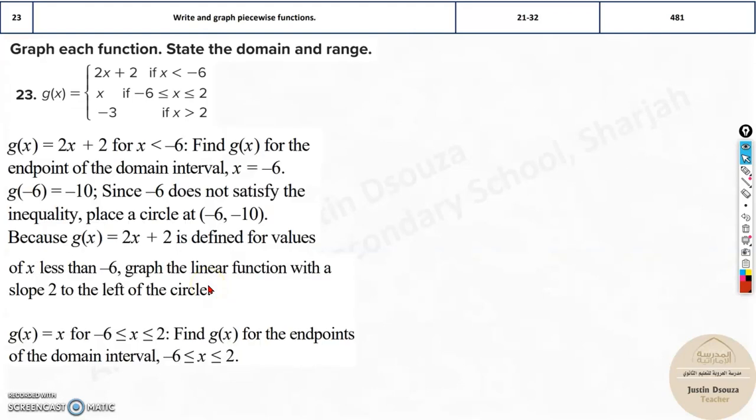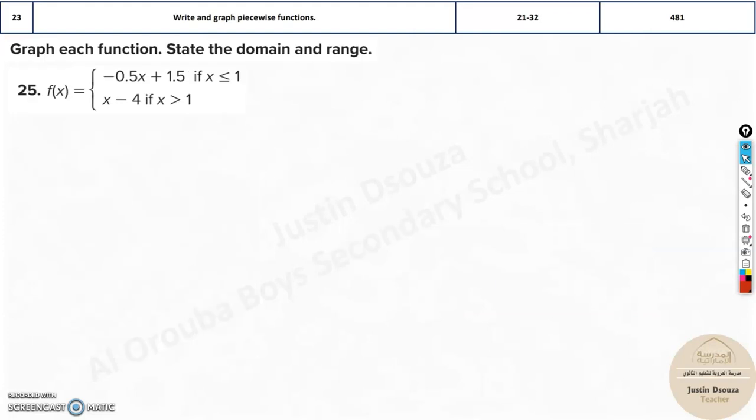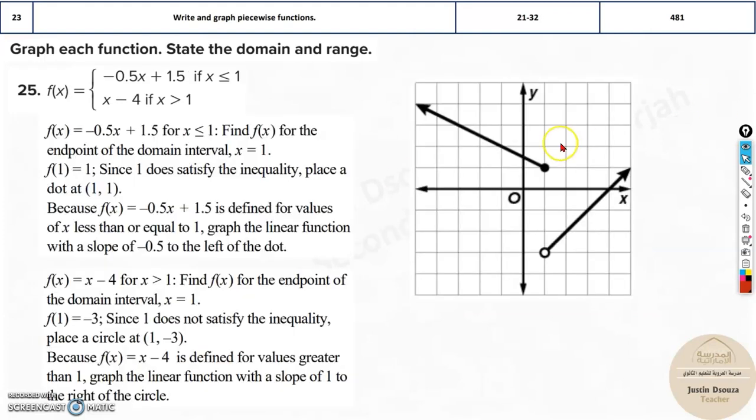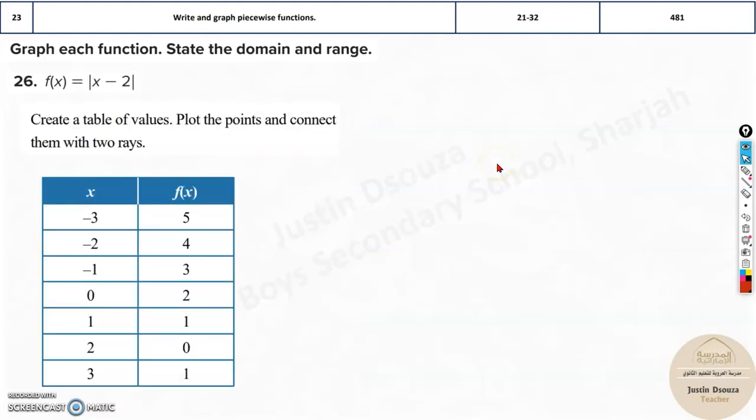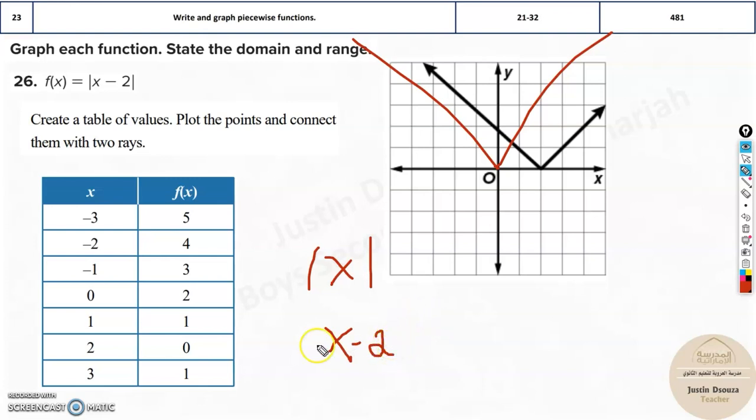These are the answers. Over here also, we'll go to one more type, that is the step function. Over here it's again the same, not at all difficult, basic problems. Here now, this is absolute value. We have come across absolute value already. Now this is a very easy one because magnitude of x means it will start like this. Now whenever you have a value inside, that means x minus 2, what does that mean?